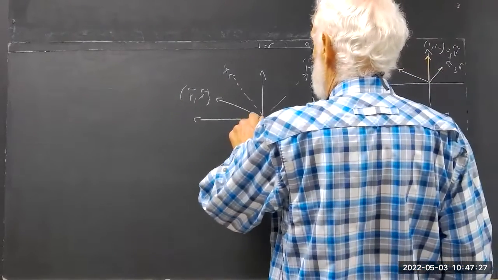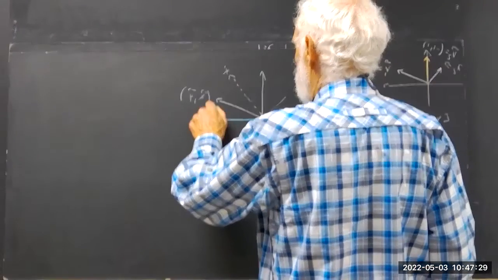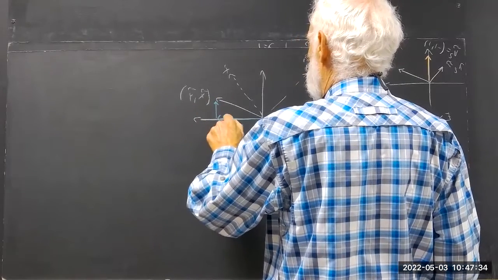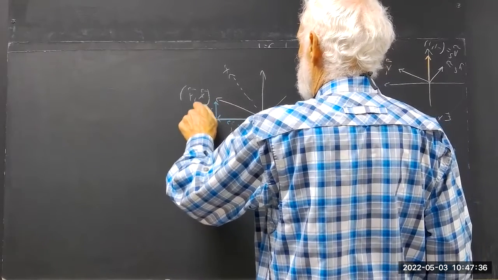So let's go ahead and express this vector xy as x times your i vector and y times your j vector.